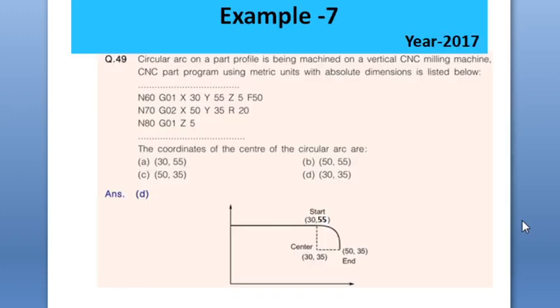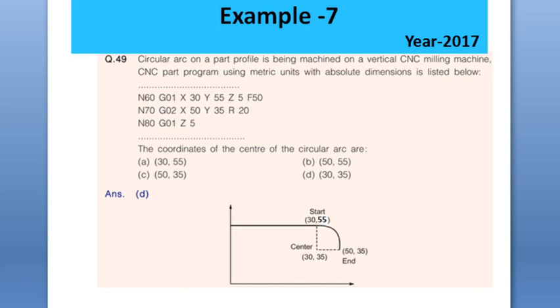Example problem 7. This was asked in 2017. A circular arc on a part profile is being machined on a vertical CNC milling machine. The CNC part program using metric units with absolute dimension is listed below. Two conditions are given here: metric units and absolute coordinates.